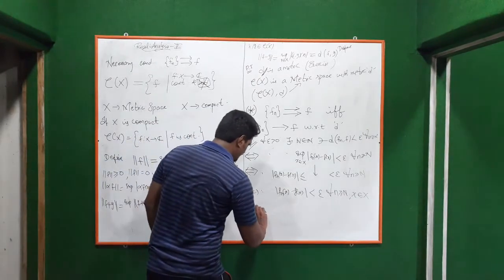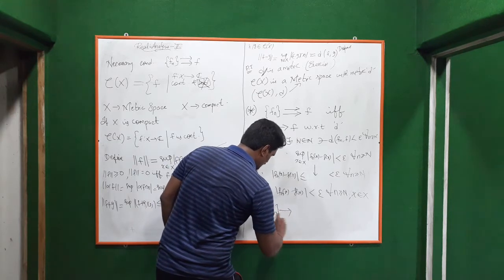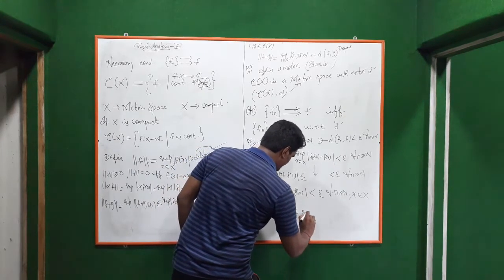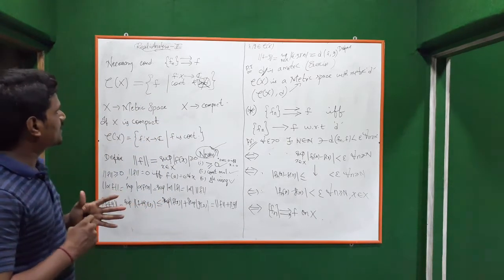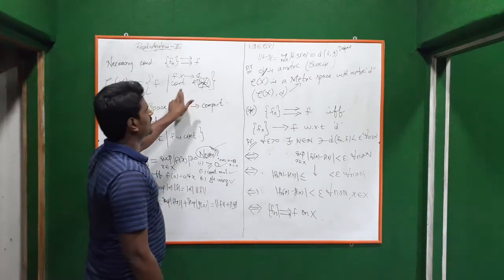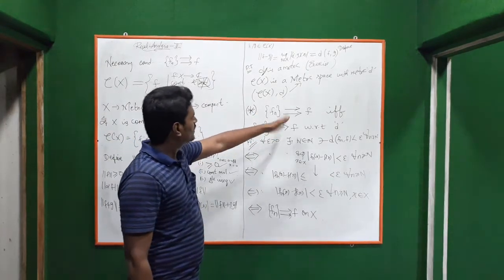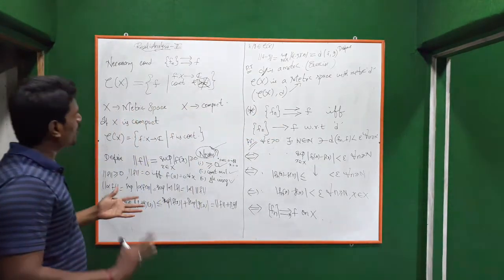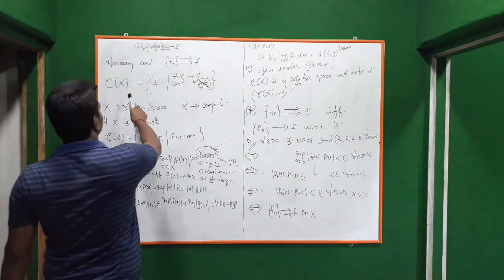So this happens if and only if fn converges to f uniformly on X. That's all. So whenever we say that some sequence in this space is converging, that is nothing but that convergence is uniform. Okay, so there is no pointwise convergence there. It will always be uniform convergence inside this space.